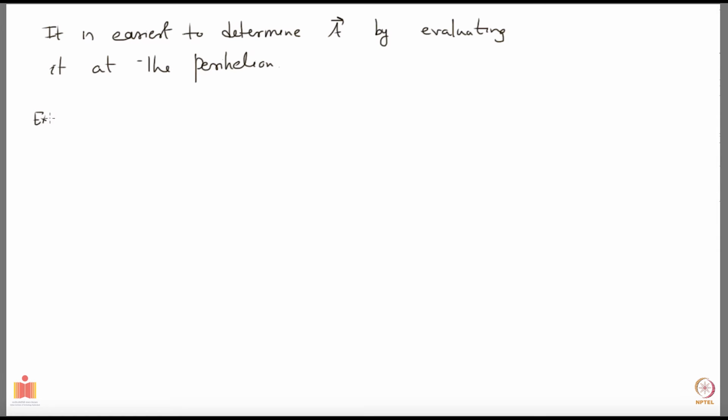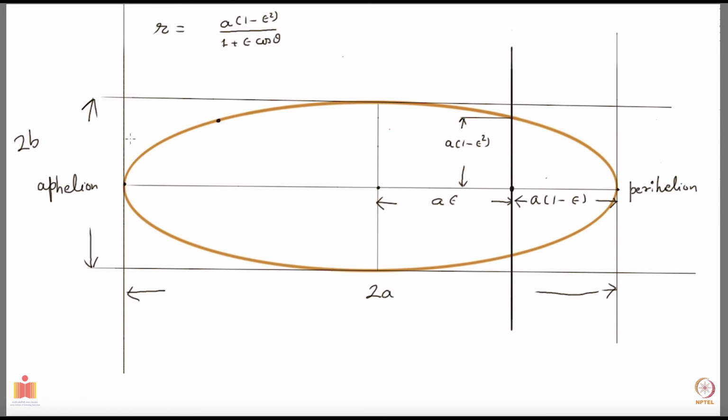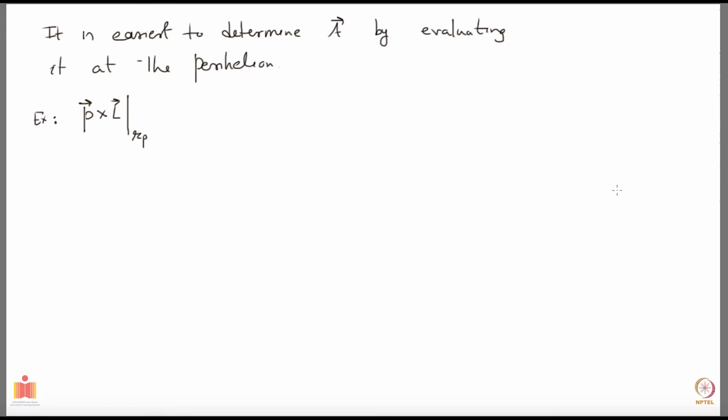Exercise number 1, almost trivial. P cross L. Okay, we want to evaluate this at Rp. So by P I mean perihelion. Okay, so this length from focus to perihelion I am calling Rp, which is A times 1 minus epsilon.